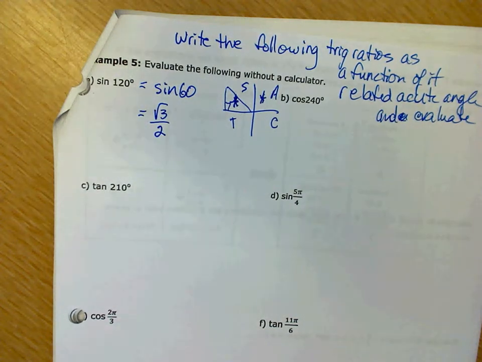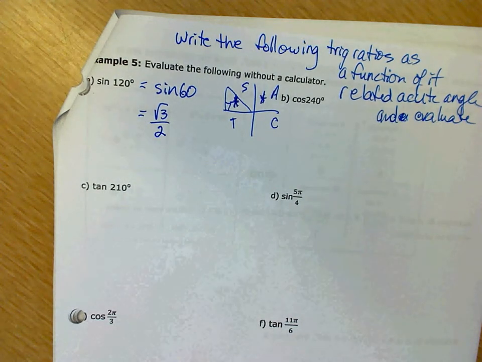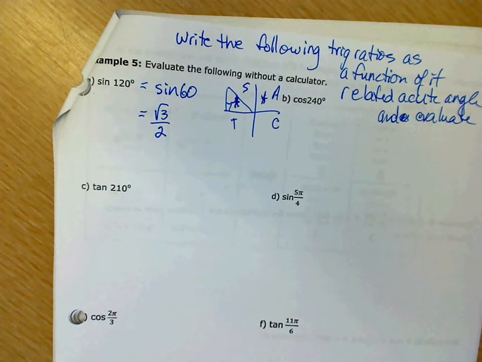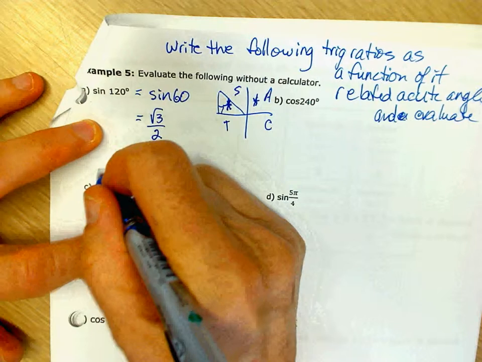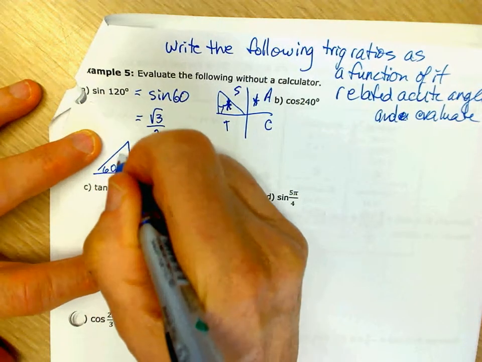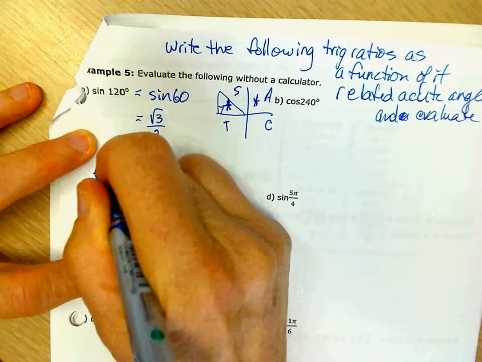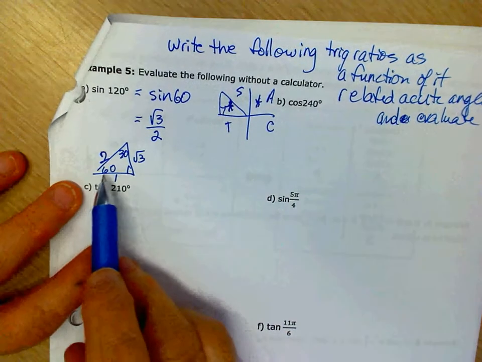Is this from those two triangles? Yeah, exactly. If you need to, draw your special triangles. So sine of 60 is root 3 over 2, and because it ends up there, it's positive root 3 over 2.